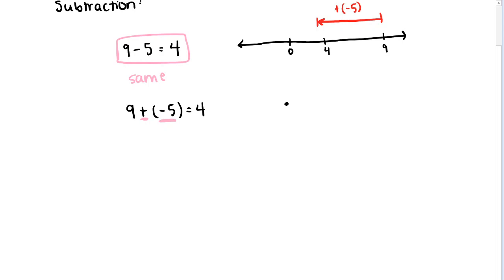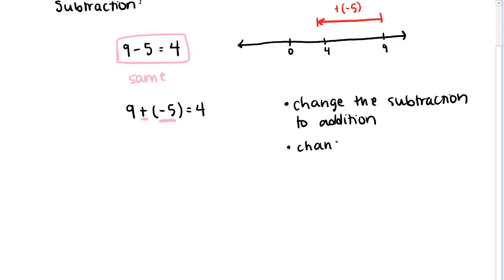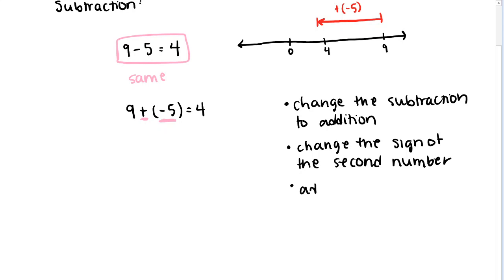So here, in order to perform this subtraction, we can change the subtraction to addition, change the sign of the second number, and then we can add the two quantities together.